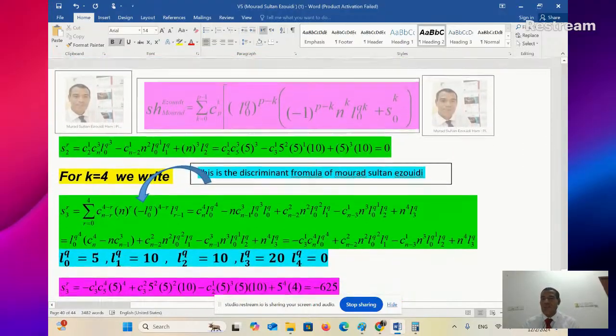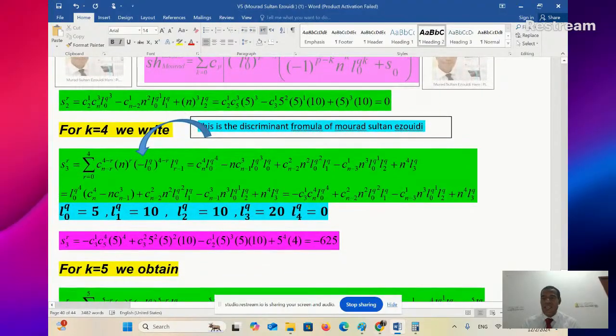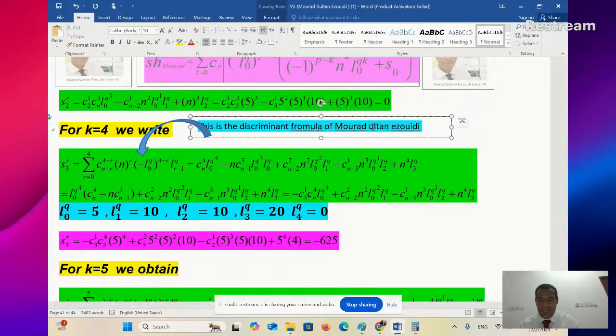Now I'm looking for k equal 4. We will use the discrete formula of Mr. Murad Sultan Ezouidi, HSM, the pioneer in this method, the Tunisian researcher. I'll just extend this.